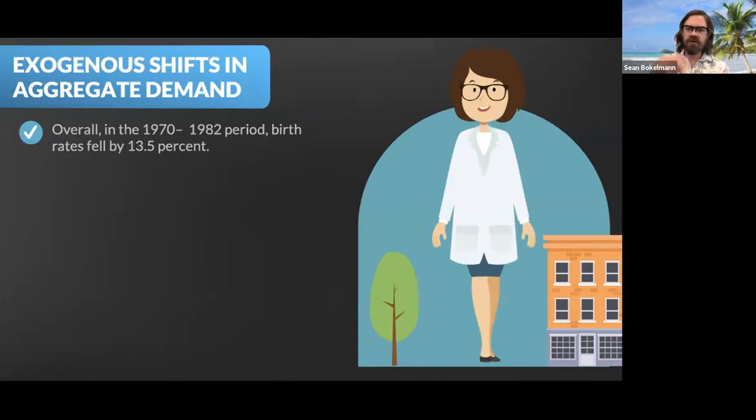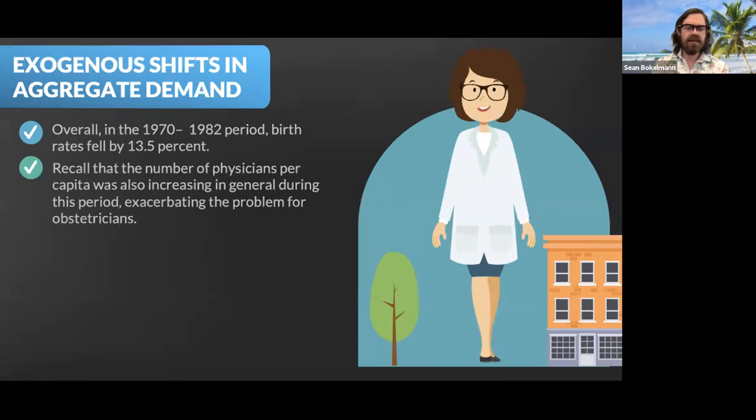So in terms of the birth rate, overall between 1970 and 1982, which is the period of time they're looking at, birth rates fell by 13.5%. Now, we should keep in mind that at the same time, the number of physicians per capita was increasing during this period, which makes the problem actually even worse, right?